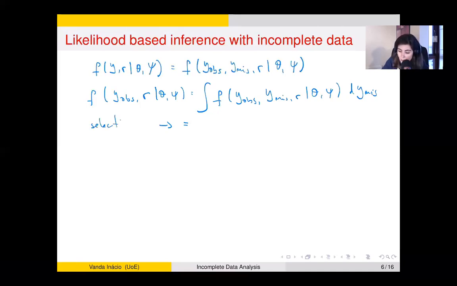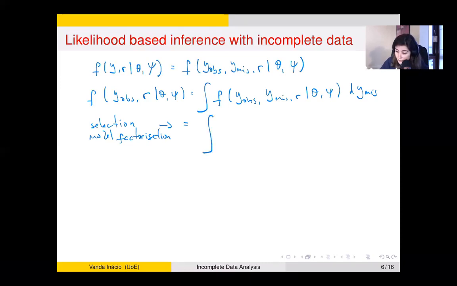So I will rewrite the joint model for the full data using the selection model factorization.